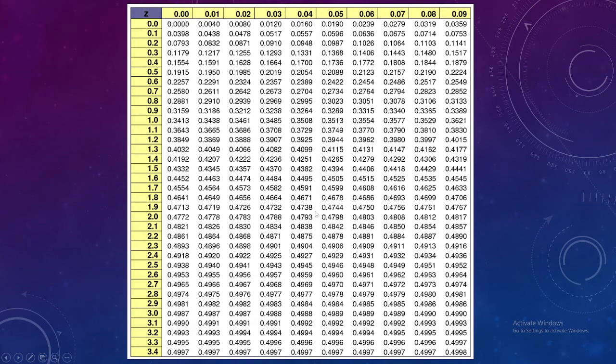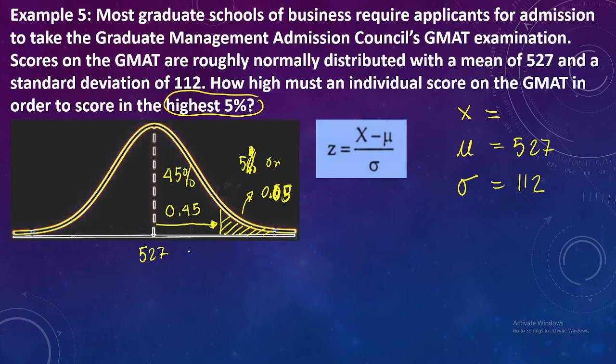So meaning the value is simply 1.645. So the value of z here is 1.645. So I now have my z.